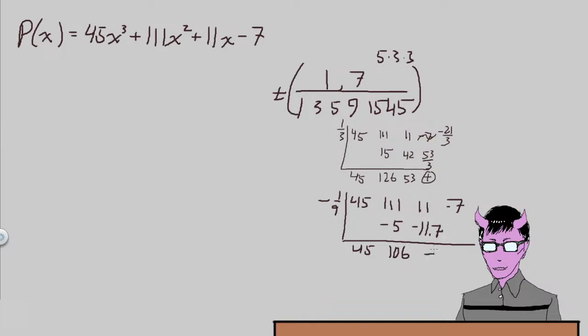So the answer here is going to be negative. So when you multiply, it's going to be a small negative, and when you multiply by a fraction, it becomes even smaller. So when you summate that, that's a negative answer. So that's why I followed through, because checking this as a 0 candidate produced a negative remainder. This one produced a positive remainder. So according to the intermediate value theorem, we have a 0 between 1/3 and negative 1/9.